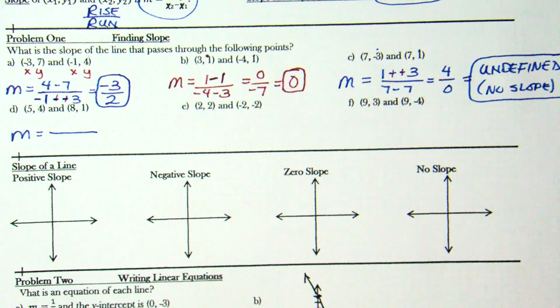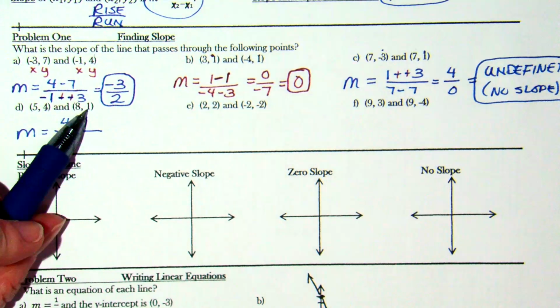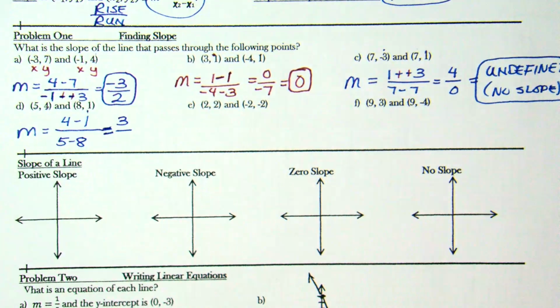Okay, did she use the y's? Y minus y. If we do 4 minus 1 on top, what must I do on bottom? 5 minus 8. What is 4 minus 1? 3. 5 minus 8? Negative 3.